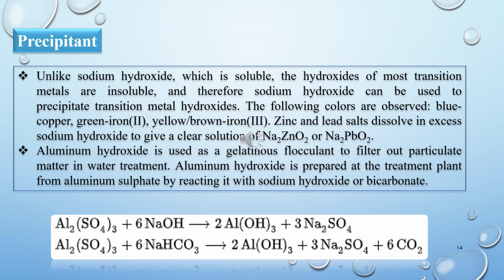Now, dear students, there is the reaction of aluminum sulfate with sodium hydroxide. You can see that when aluminum sulfate reacts with sodium hydroxide, there is the production of aluminum hydroxide and sodium sulfate. When aluminum sulfate reacts with sodium bicarbonate, it will give you aluminum hydroxide, sodium sulfate along with carbon dioxide.